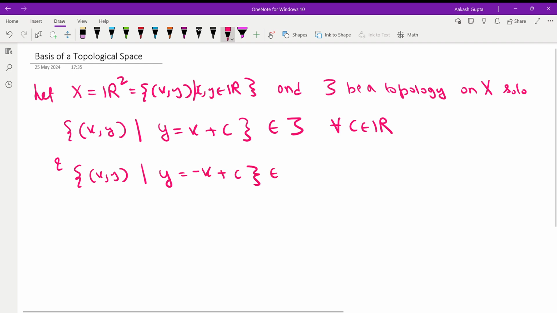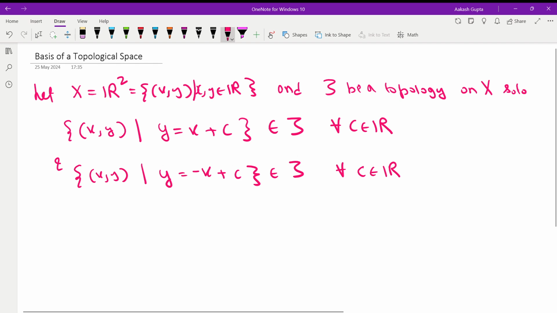These kinds of sets also belong to my topology, meaning they are open sets, in the topology tau on R2.